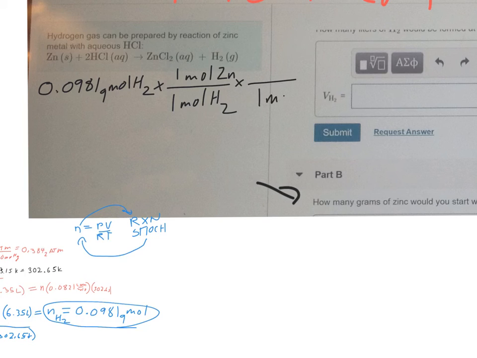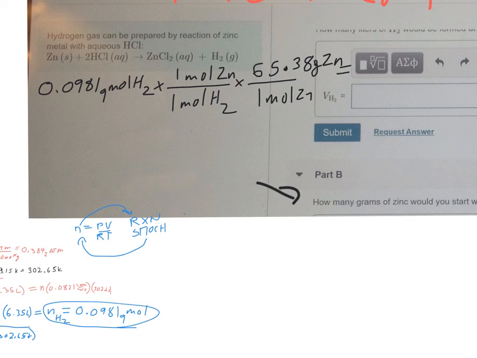And then I go to my periodic chart, and for every 1 mole of zinc, remember I'm placing units where they cancel out. Hopefully I have a periodic chart document. According to the periodic chart, the molar mass of zinc is 65.38 grams zinc.